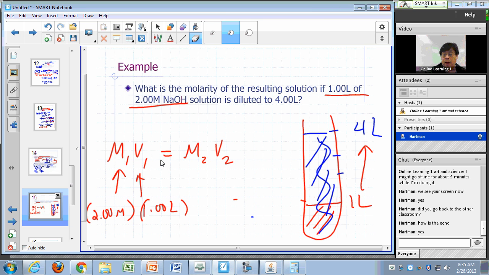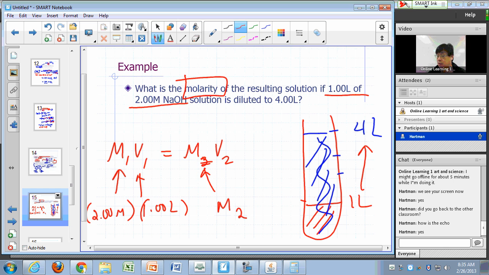Okay, and after, I don't know what the molarity is after. That's what I'm looking for. I'm interested in that, the resulting solution. But my final volume is now 4 liters. So V2 is going to be 4.00 liters.